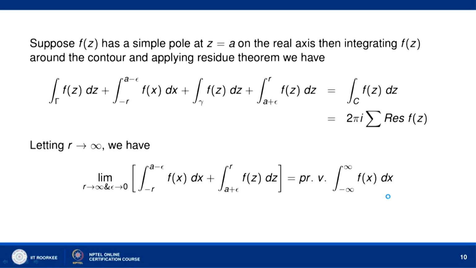We will first consider the general case. Suppose f z has a simple pole at z equal to a on the real axis. Let us consider the contour, this is gamma.